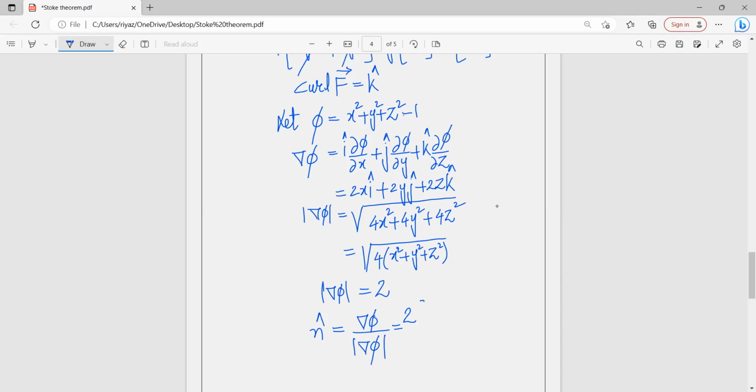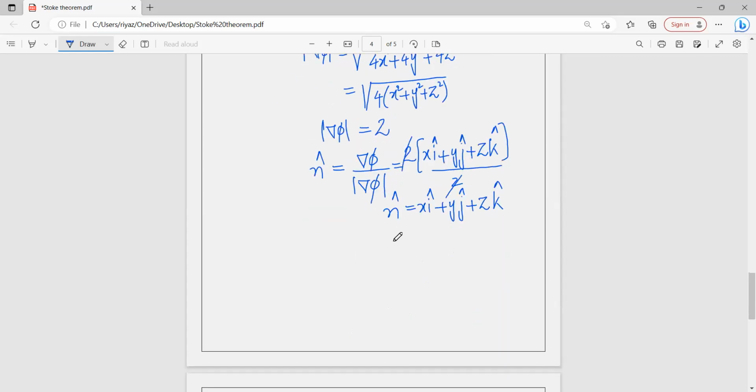Listen here first. 2 common: x i plus y j plus z k, divided by 2. 2 and 2 cancel. So what n cap did we get? n cap is x i plus y j plus z k, and you must write compulsorily that cap for i, j, the unit vectors, with their cap it is necessary.